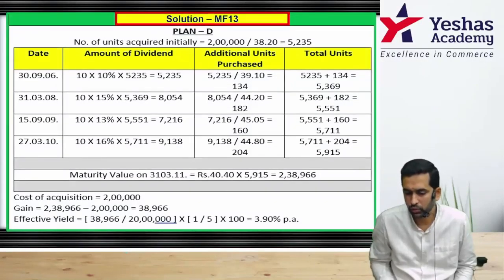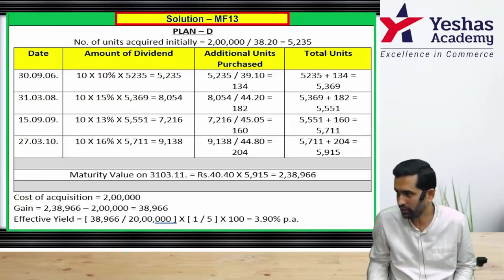This I think will give you 204 fresh units. Is there a rounding off difference? 204 exact, is it? Huh. So the final number of units 5915. Chances are there you will have 1 or 2 units extra because of the rounding off gap.